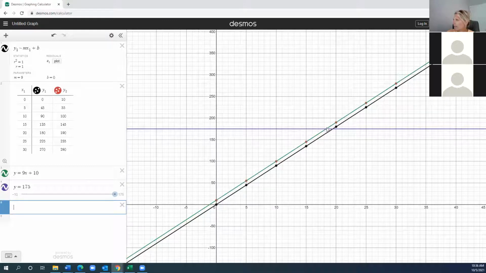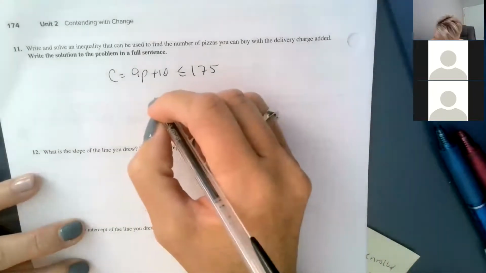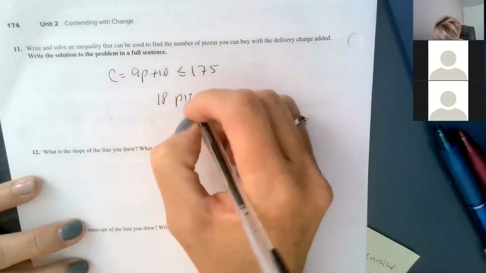I can just click on that intersection and it will tell me the number of pizzas where it intersects the 175. So there are some really cool things we can do here in Desmos. I'm going to go back to my paper so we can fill this in. So we said 18 pizzas.